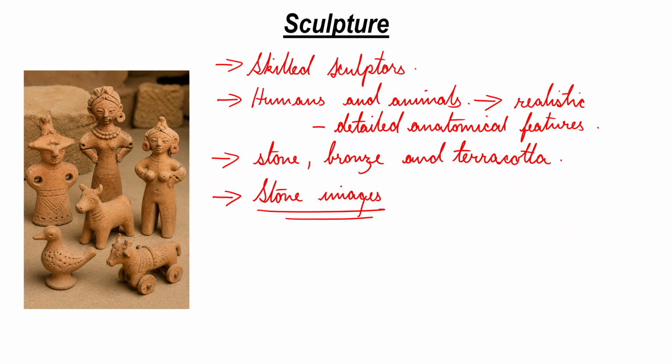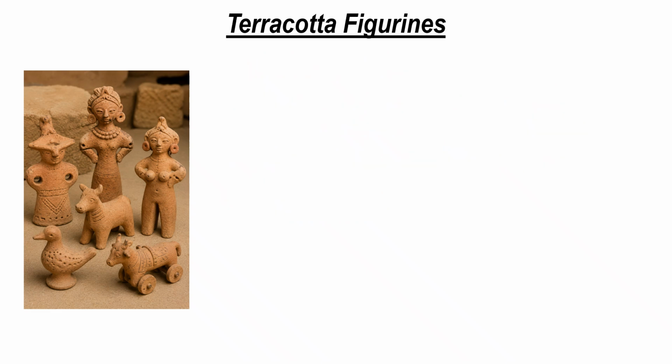Then we have discussion about the terracotta figurines. Terracotta figurines were found in large numbers. Mostly all the items of art and craft were terracotta figurines. What else do we know?